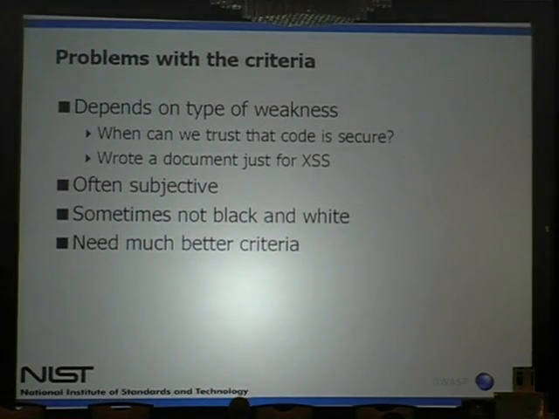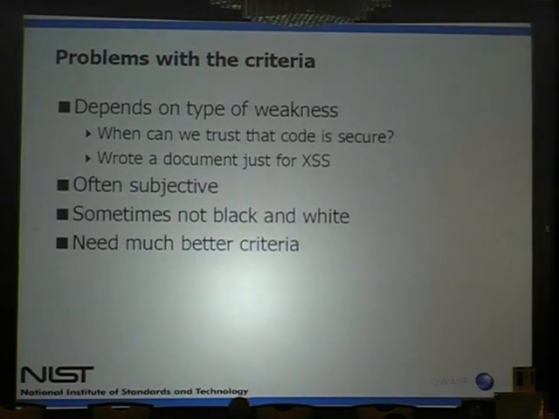And there were some other problems which we had with this classification. Also, our analysis depends on the type of weakness. For some types of weaknesses, it's really hard to say that this is absolutely not a problem, even though I may have no idea what the problem could be.